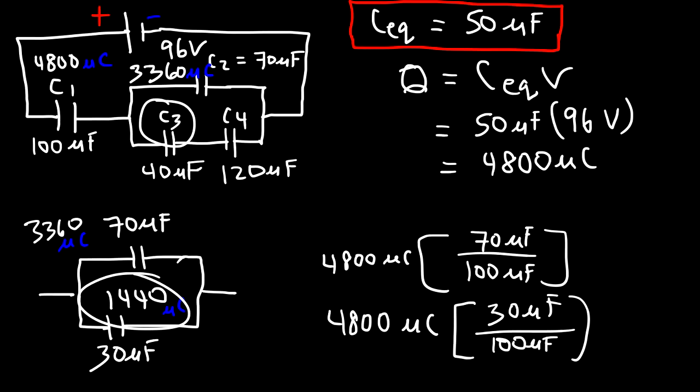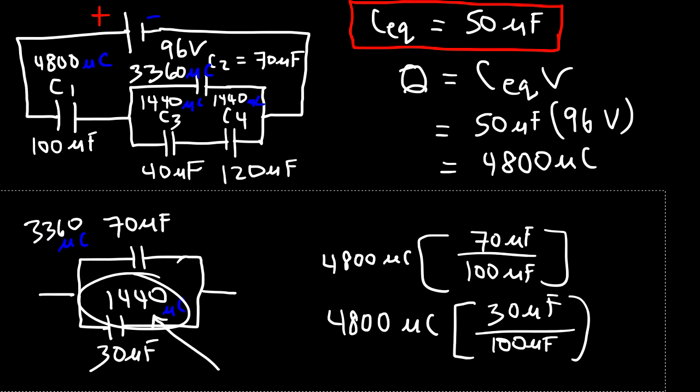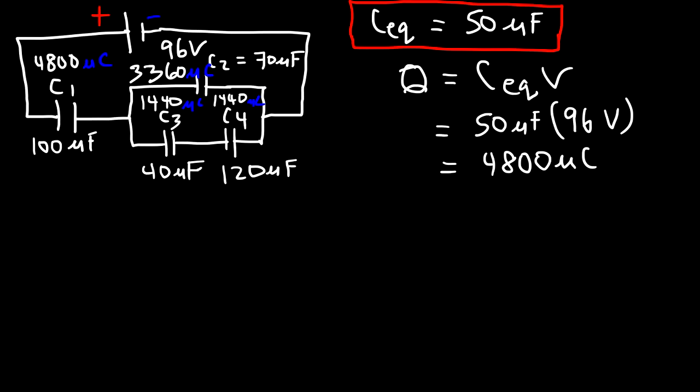So what this means is that the charge on C3 and C4 is equal to this number. So it's 1440 microcoulombs. So now we have the charge on every capacitor.